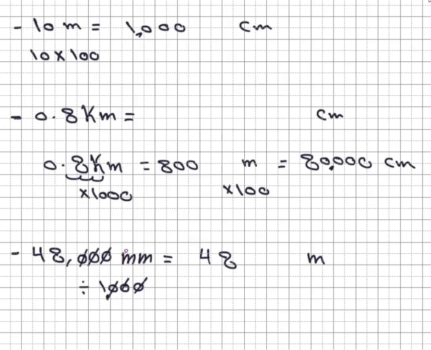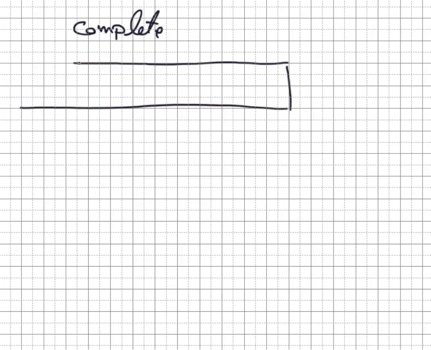Now with another type of question, if we have a table, how can we deal with the table? It says complete, and we have a table. The table contains two kinds of units, kilometer and here is meter. We know every 1 kilometer equals 1000 meters.